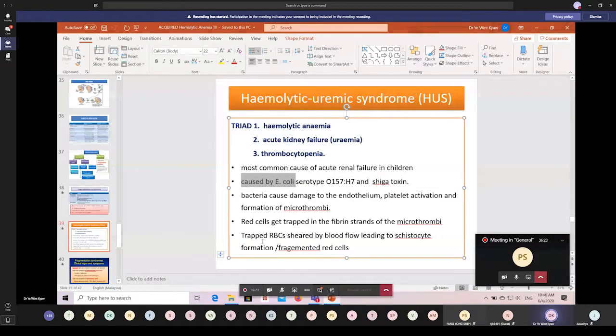This is associated with RBCs being trapped in the blood flow, and this can cause fragmentation. Because the vessel is filled with thrombi, the vessels become narrow, and RBCs begin to lyse because they need to pass through a narrow circulation.